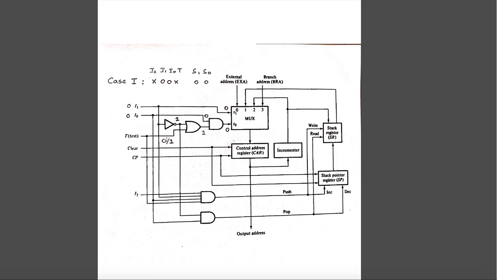Whenever I1 is 0 and I0 is 0, S1 and S0 will be 0 0, and then the mux will select the external address. That external address is loaded into the control address register. The control address register will now move to the control memory to read the microinstruction present at that external address. So that is the first case.